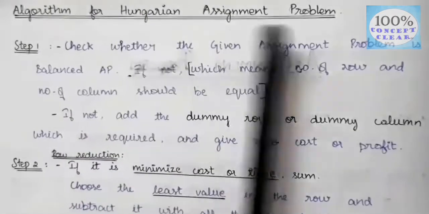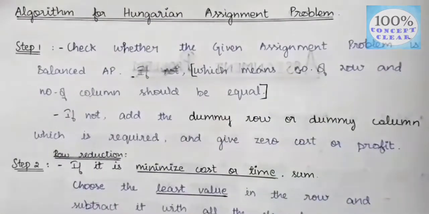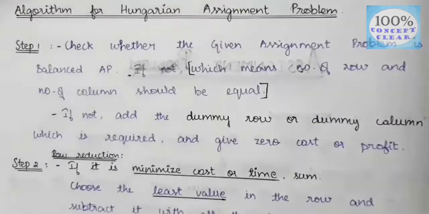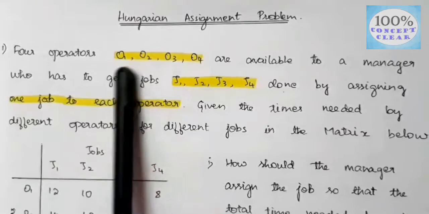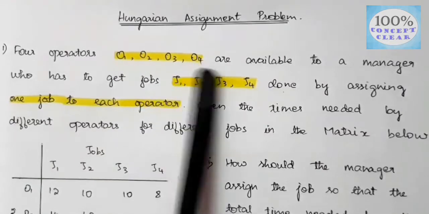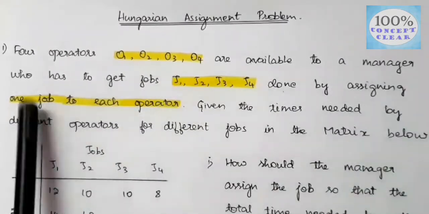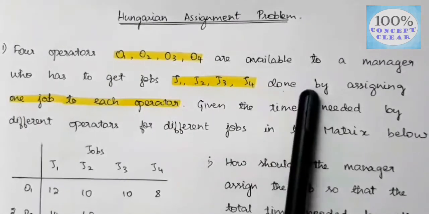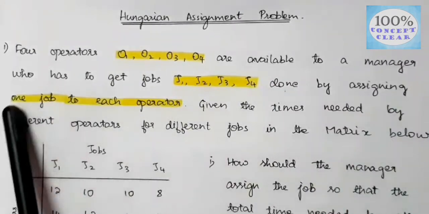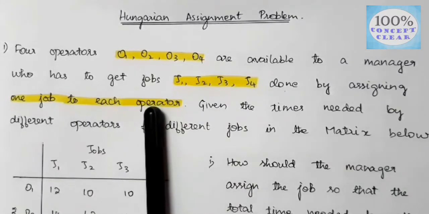Algorithm for Hungarian assignment problem. Let us understand this algorithm with one example. Here is the example. 4 operators O1, O2, O3 and O4 are available to a manager who has to get jobs J1, J2, J3 and J4 done by assigning one job to each operator.